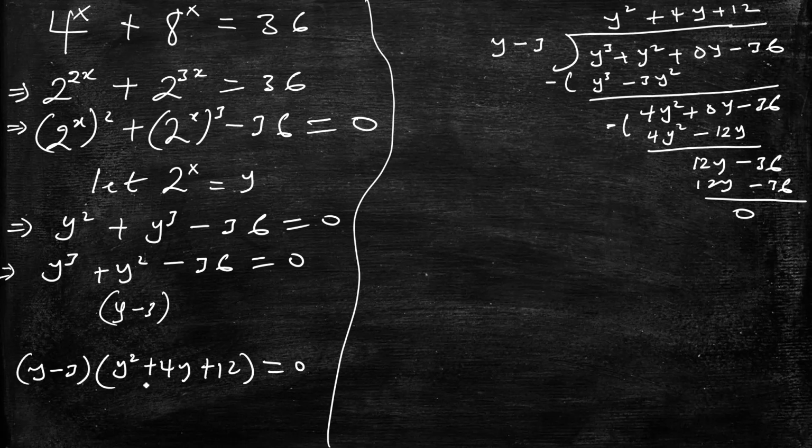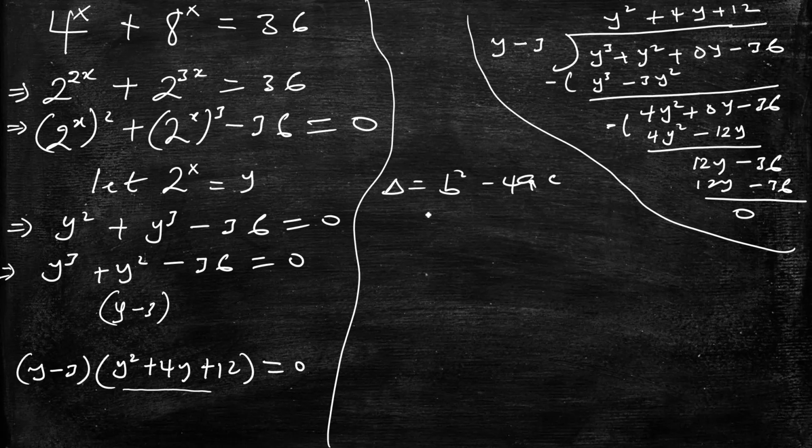Let's test whether we get real values here. Let's use the discriminant to test: b squared minus 4ac. My a here is 1, my b is 4, my c is 12. So we have 4 squared minus 4 times 1 times 12.